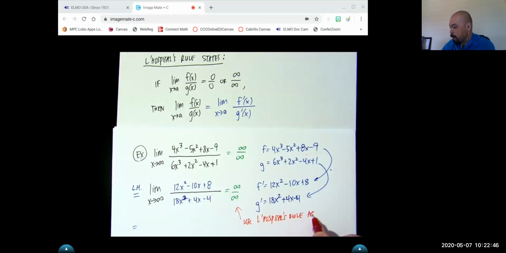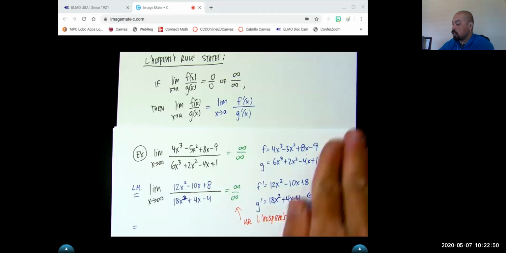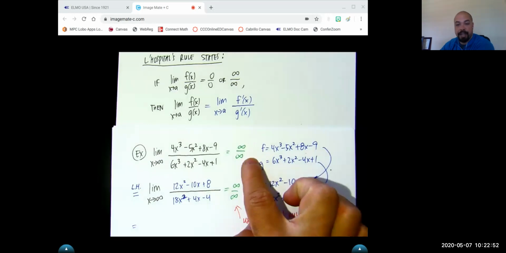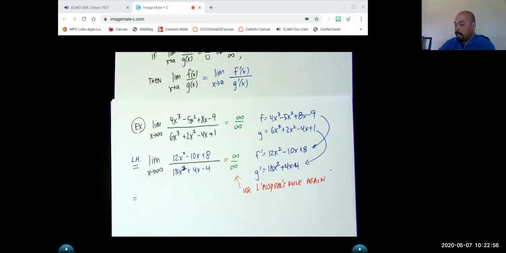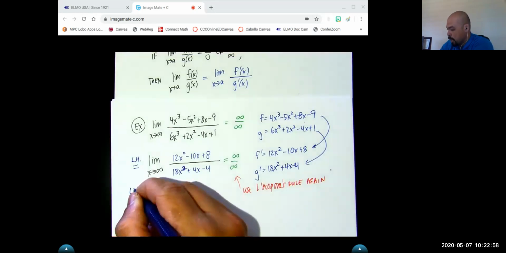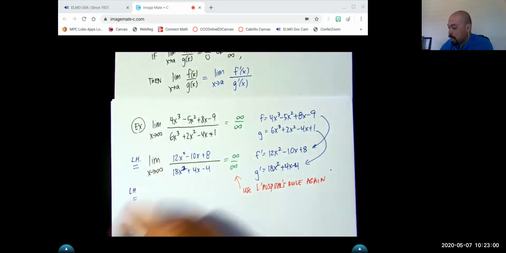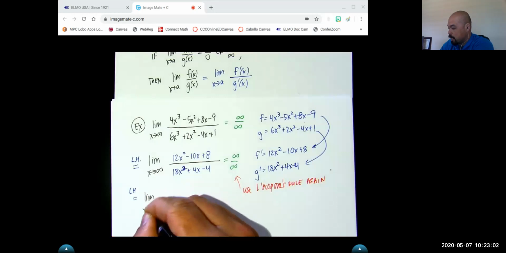We can keep on hitting it with L'Hopital's rule, keep on using those derivatives as long as we have infinity over infinity or 0 over 0. So going through it, L'Hopital's again, still taking the limit as x goes to infinity.